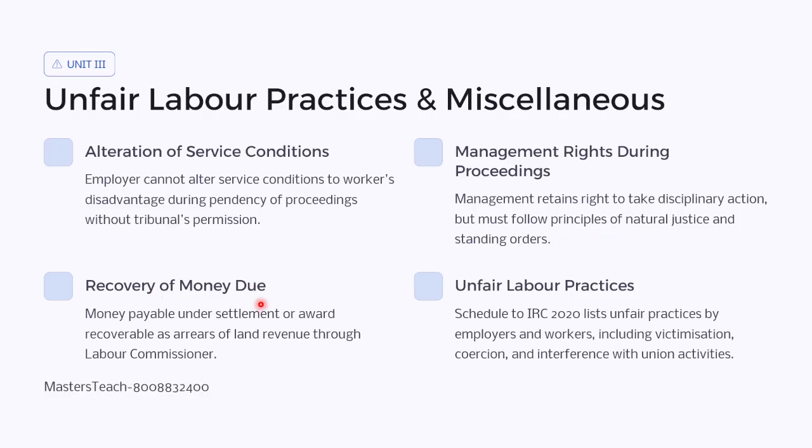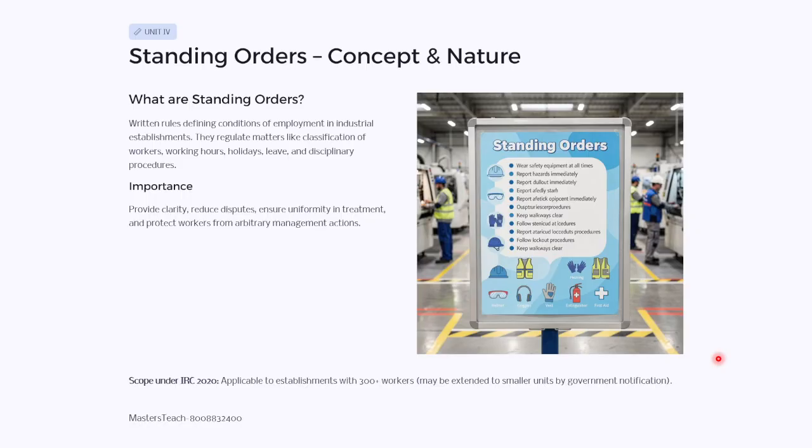Recovery of money. Money payable under the settlement or award is recoverable as arrears of land revenue through the labor commissioner. Unfair labor practices. The schedule to IRC 2020 lists the unfair practices by employers and workers, including victimization, coercion, and interference with union activities.